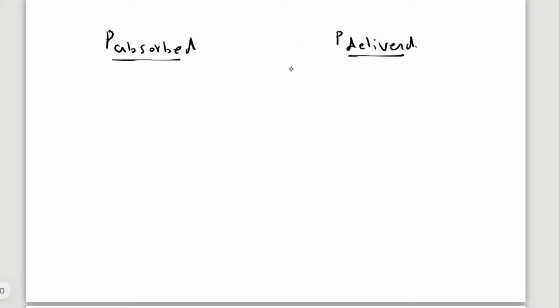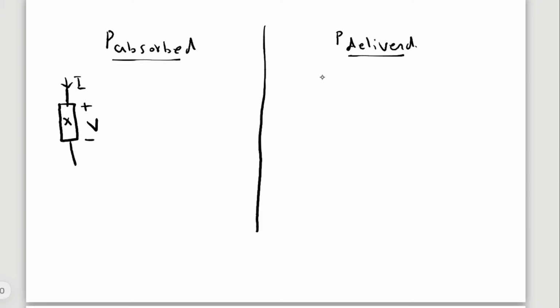Let me take examples here. Let this be any element X. Here, this is current I, and this is voltage V. Here current is leaving, this is positive, negative V. So this is an example of power delivered.